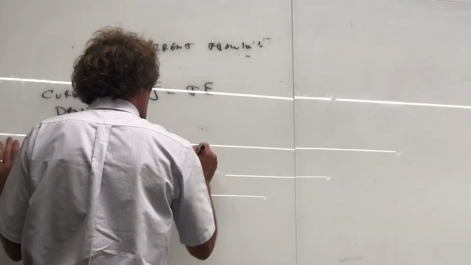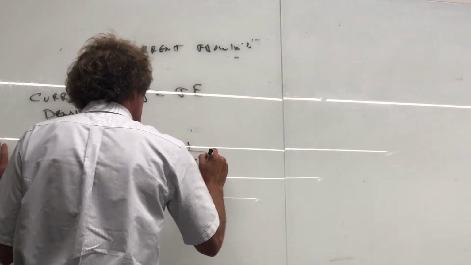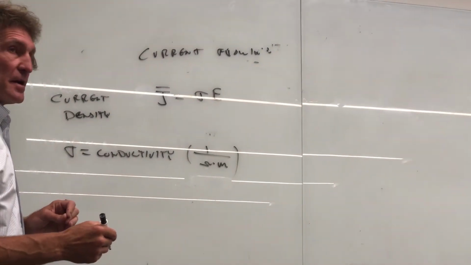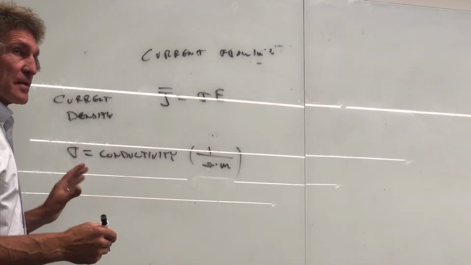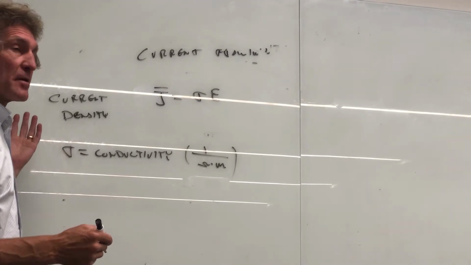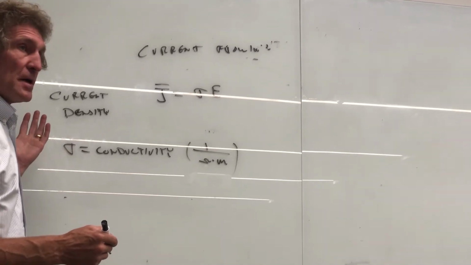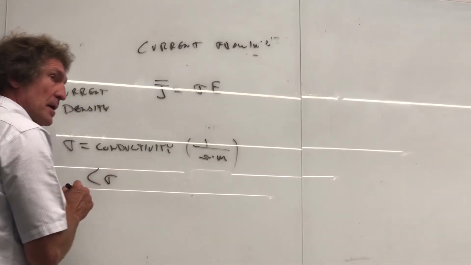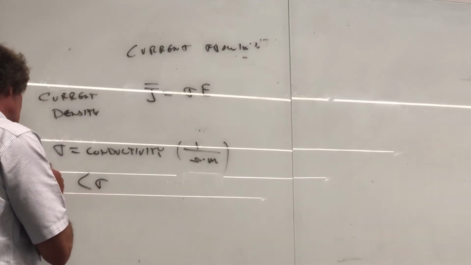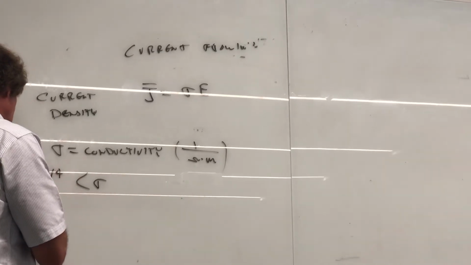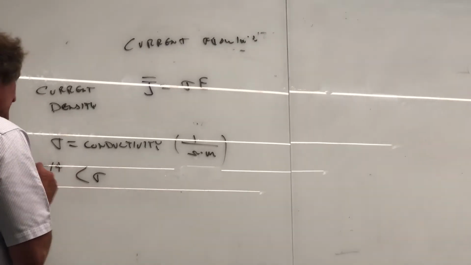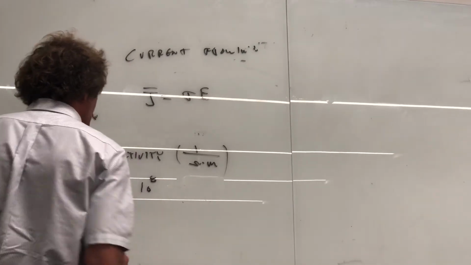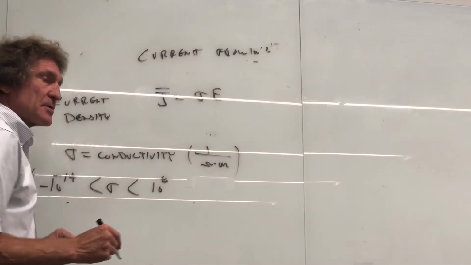Its units are 1 over ohm meters, or Siemens per meter. Conductivity is something that the larger its value, the better it is as a conductor. So for instance, the values of conductivity range from about 10 to the minus 14th to 10 to the minus 16th for insulators, all the way up to about 10 to the 8th for good conductors. And for superconductors, it goes to infinity.